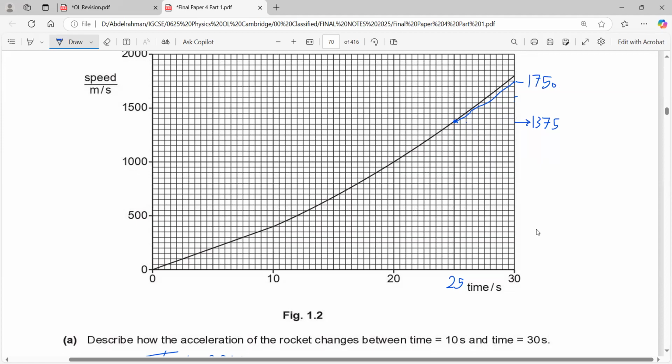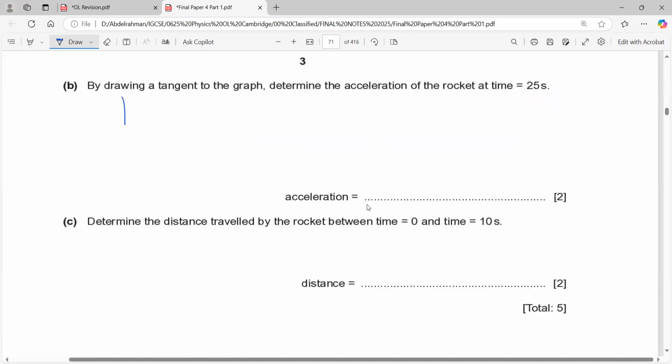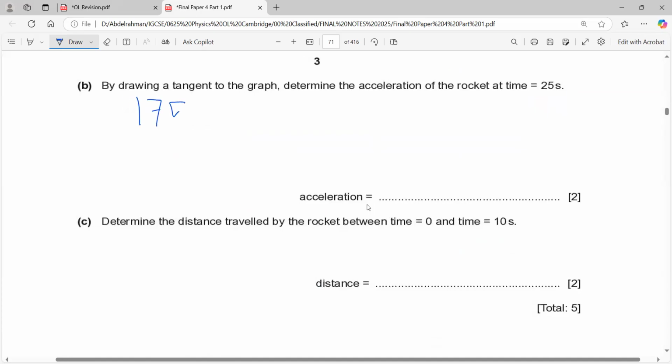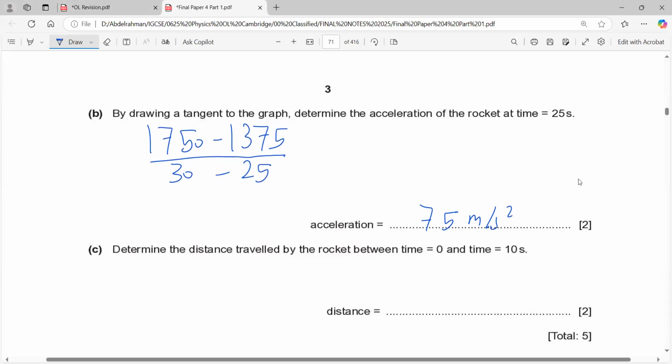Let's write it down: 1750 minus 1375 over the time difference, which is 30 minus 25. Using the calculator, the acceleration would be around 75 meters per second squared.